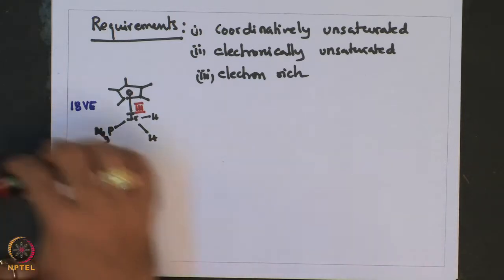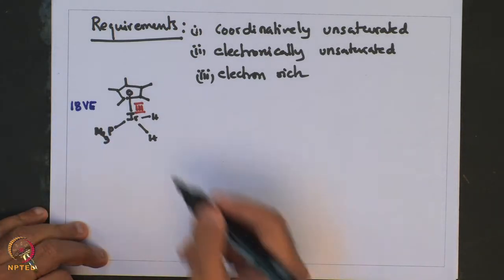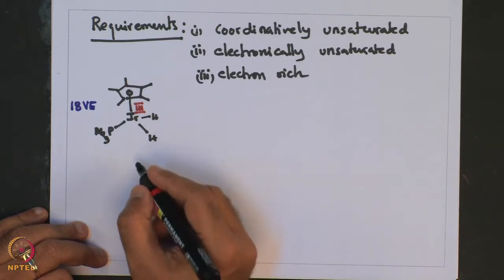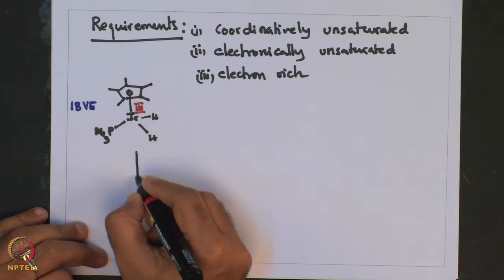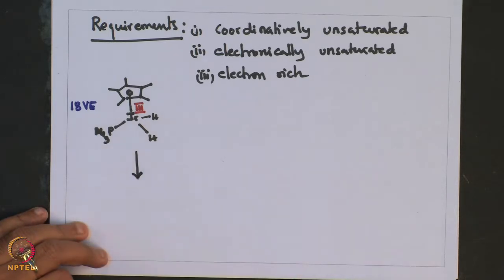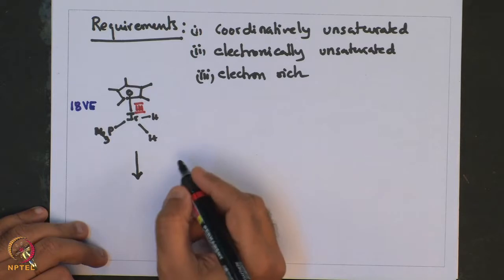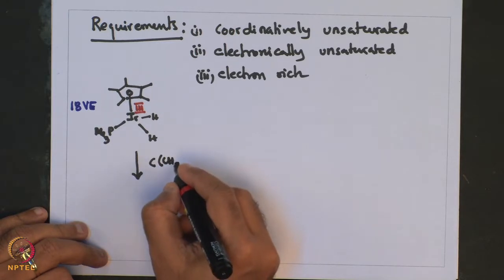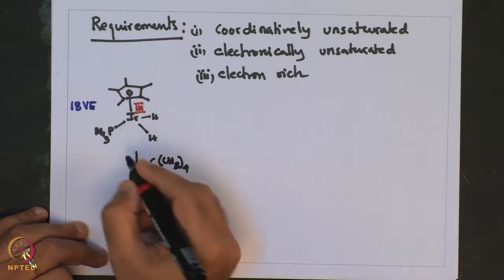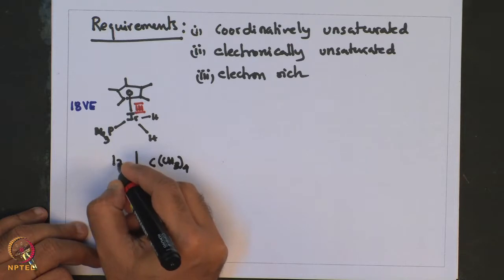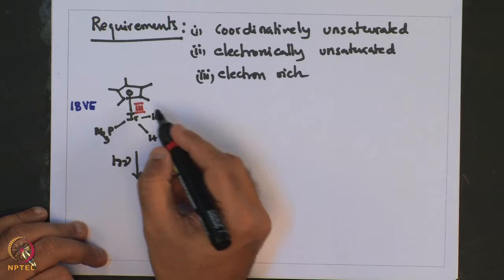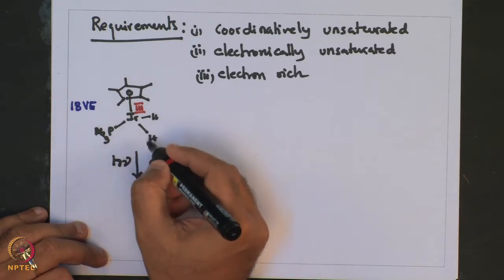So, the way to get about it is reacting this 18 electron, electronically and coordinatively saturated complex with an alkane under light, which results in elimination of hydrogen.